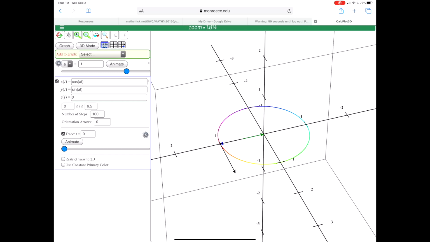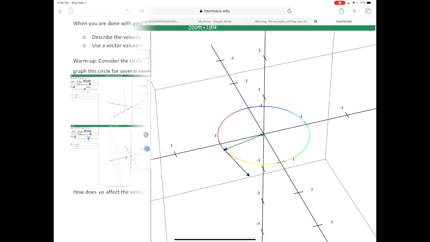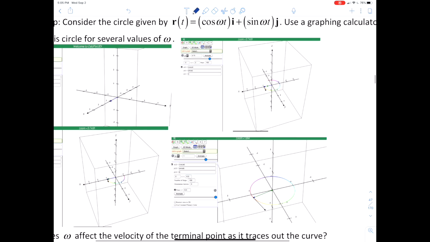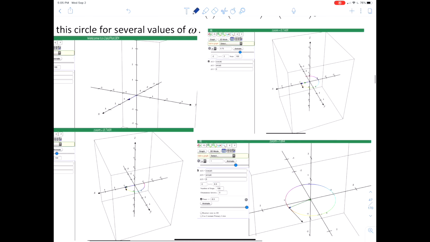So let's just animate and see if the speed is changing at all. I'm going to animate it. And do you see that it's at a constant speed? Isn't that cool? So basically the black vector is our tangent vector to this parametric vector valued function. Let's zoom in on these just so you can see them.